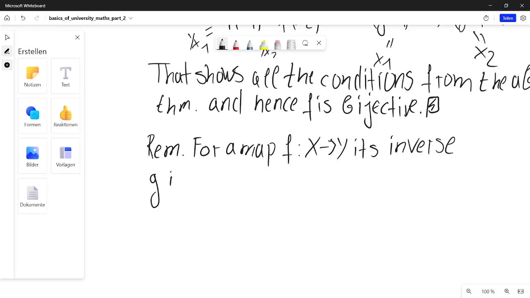This g is denoted as f minus 1. So that is just notation. It is denoted as f minus 1, but that is defined as g because we had g as an object derived above. And now we define f minus 1 to be that g with those properties.